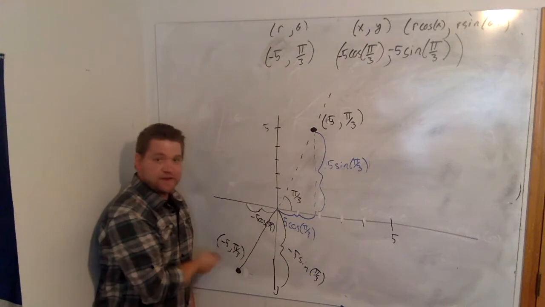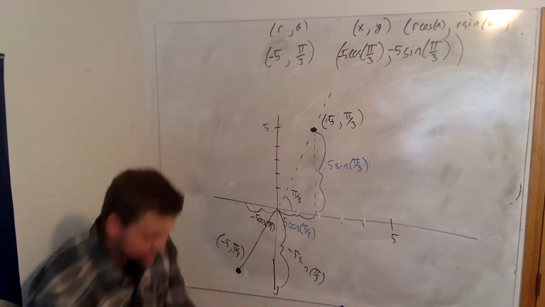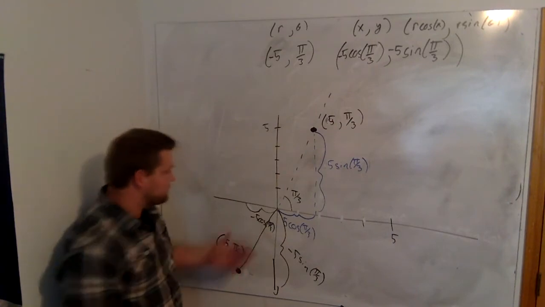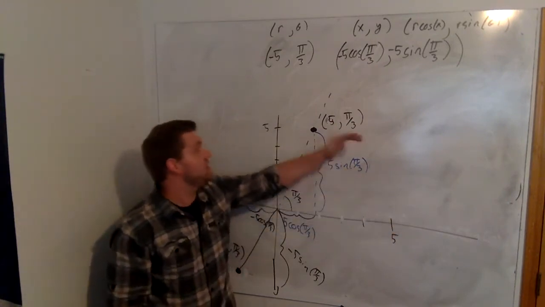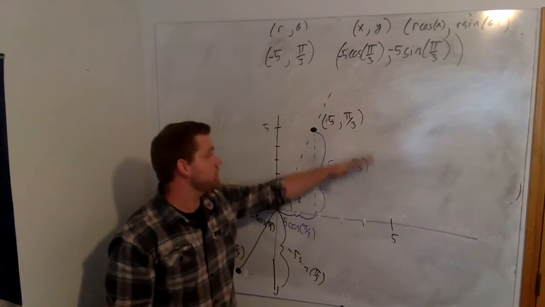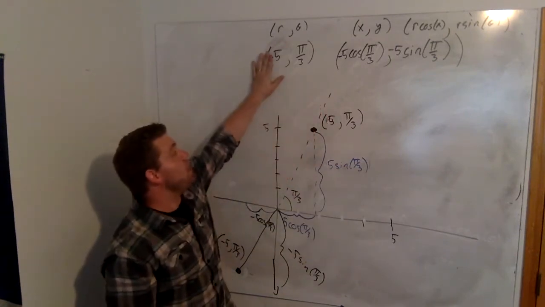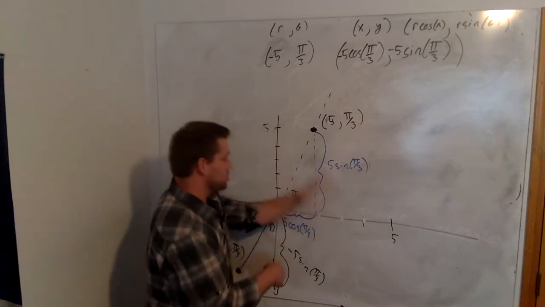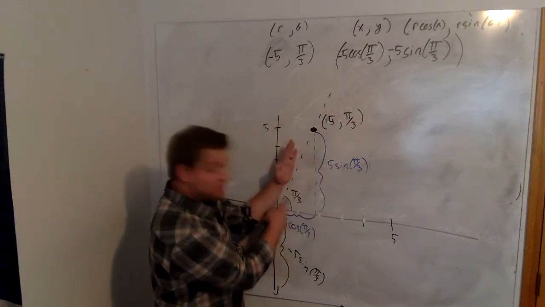So in a way, a negative radius does make a little bit of sense here. The way I like to think about it is you're still going to be rotating an angle of pi over 3. Now, if it was a positive radius, that means go in the direction of the line that's touching the angle.